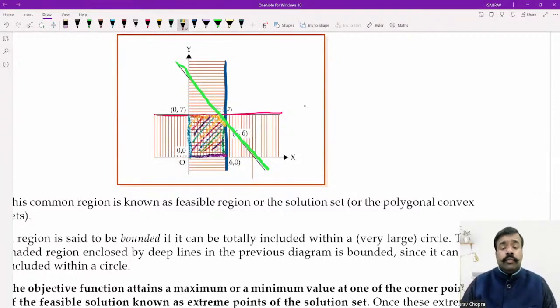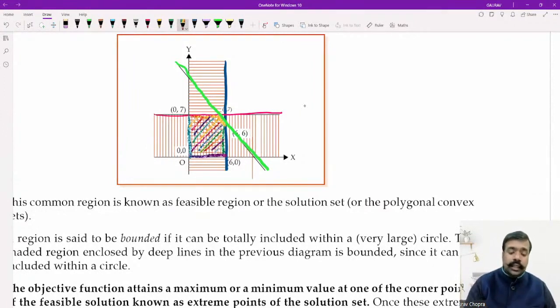So always, we don't have to prepare 3-4 graphs. This is just for explanation. This was the first question, that is why we have discussed it in detail. First, we prepared separate diagrams for each equation, and after that, we combined them all. So this is the combined diagram.